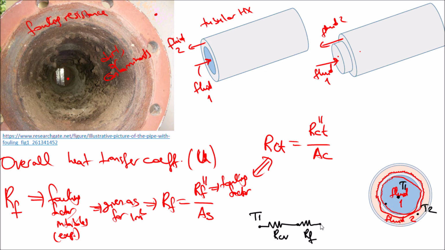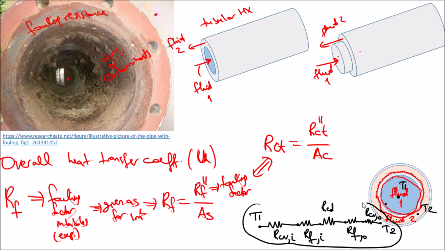In the wall you will have the conduction resistance R_CD, and again on the outer tube you may have contaminants, therefore you will have the fouling resistance. This one is CV inner tube, fouling inner tube, fouling outer tube, and then from the fouling resistance to fluid 2 you will have CV again, and then you will get T2 and R_CV outer. This is the thermal resistance between these two fluids.